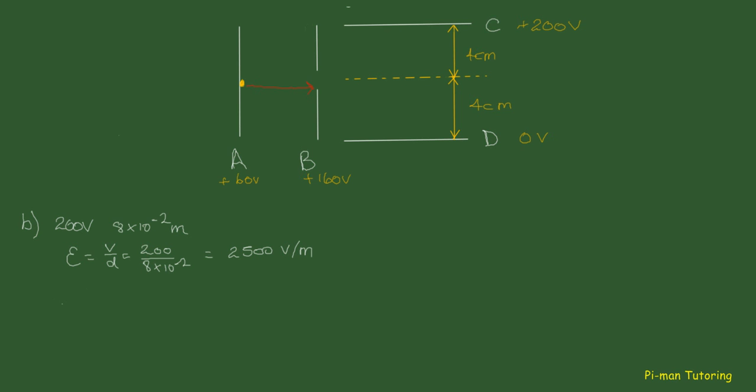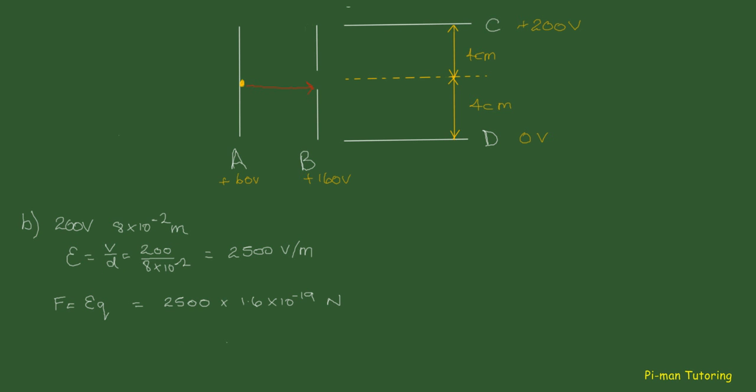And to find the force acting on the electron, we use the equation force is equal to the electric field multiplied by the charge that it's acting on. In this case, the charge on an electron. And therefore, we can say that it's 2,500 volts per meter multiplied by 1.6 times 10 to the minus 19 coulombs, the charge on the electron, and the units there would be newtons.